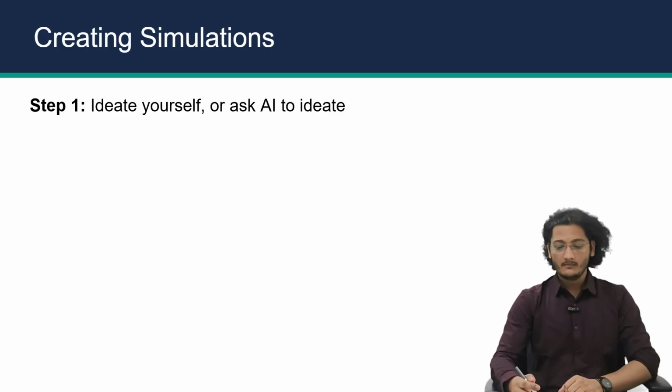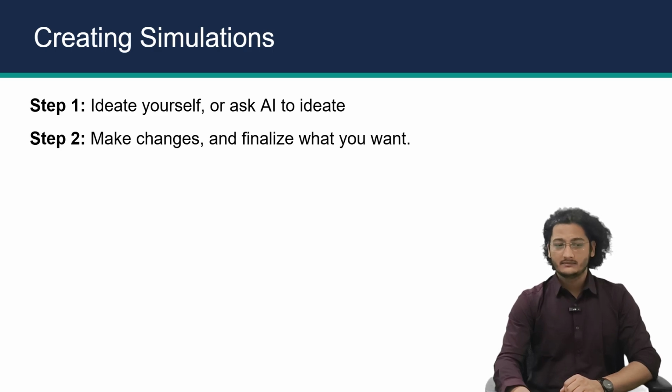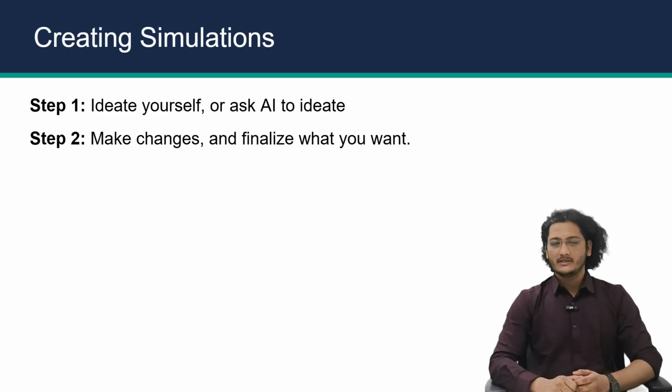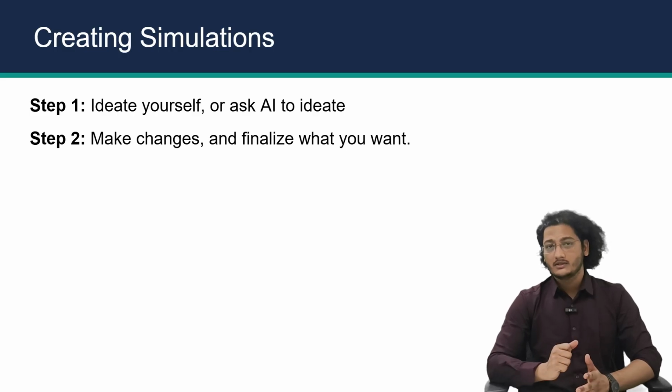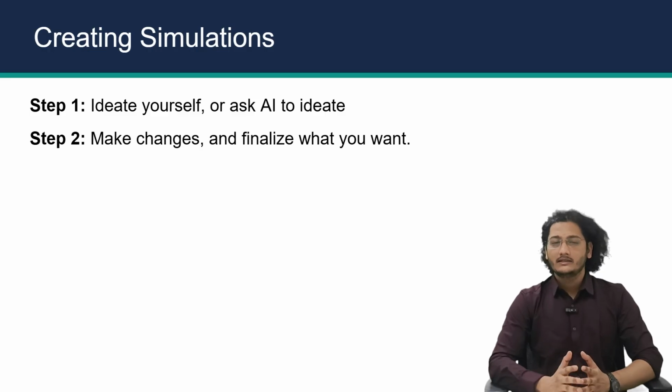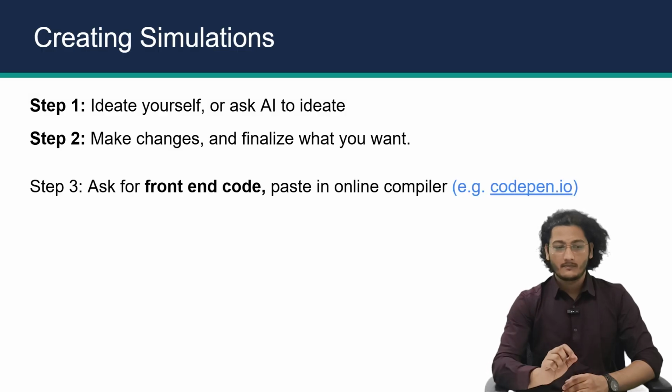Now after ideating, if you have chosen a topic, then you will move to the next part. So step 2 is, after talking to AI, you will have some different viewpoints. You may adopt some of the ideas given by AI, or maybe after reading the main content, you will finalize what exactly you want.